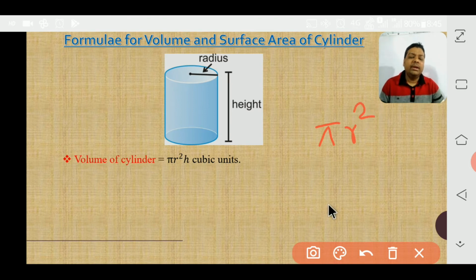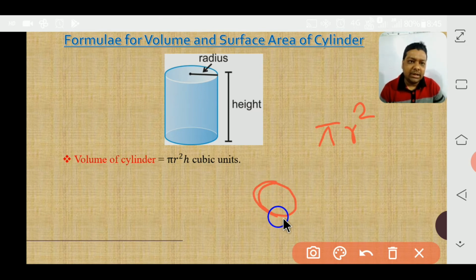For example, if you have some rings and you put one on top of another, then it forms a cylinder.